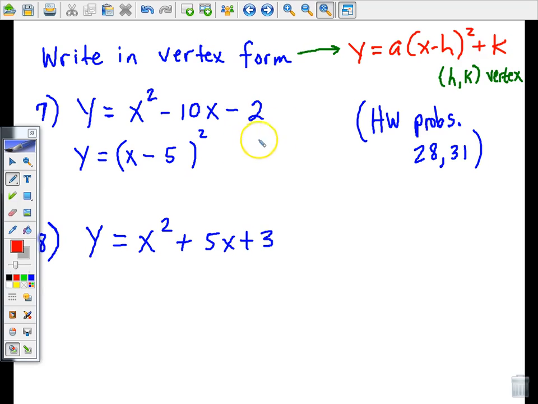But here's where things change just a little bit. I'm just going to go back up to my standard form, and this 25 that I got, -5 squared, I'm going to subtract. Always subtract.